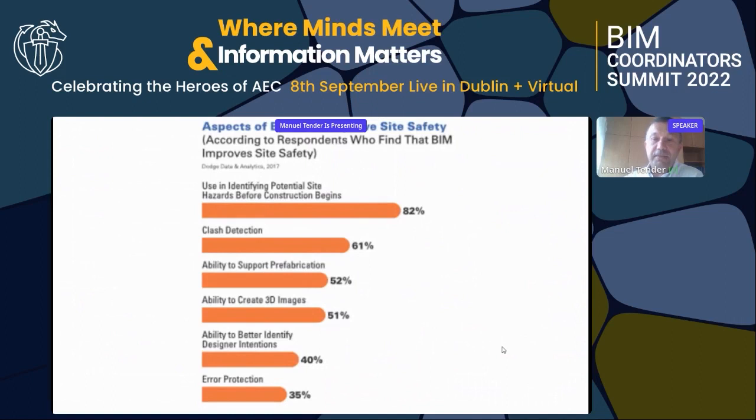So, in terms of the aspects of BIM that improve site safety, this is data from Dodge 2017: identifying potential site hazards in an earlier phase before construction begins, and also clash detection.